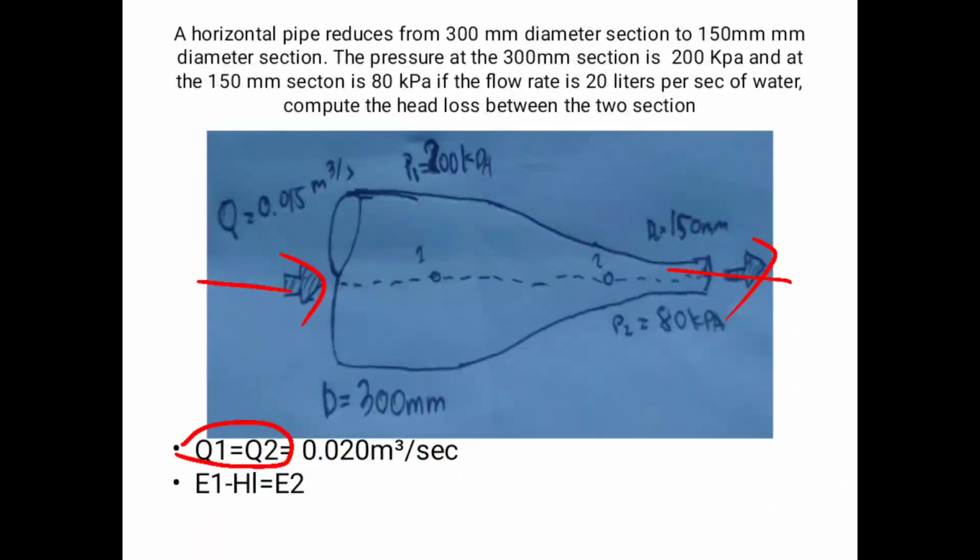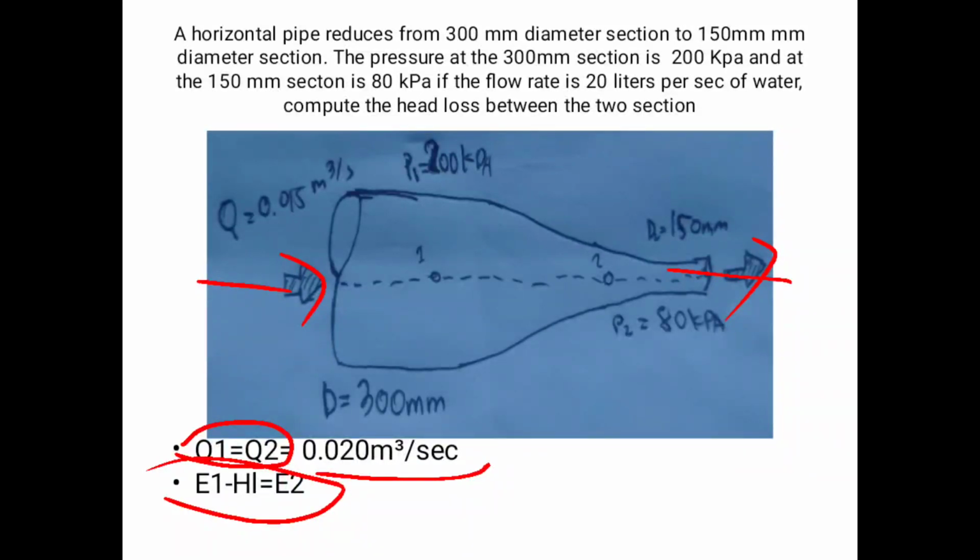So now we are dealing with meter, or this is a volume, so we will convert it into cubic meter. So we will have the 0.020 cubic meter per second. So this equation Q1 is equals to Q2 is also equals to E1, energy 1, minus the head loss is equals to energy 2.